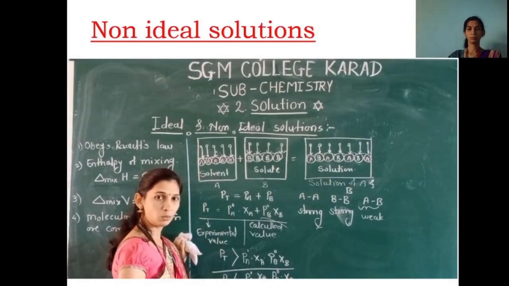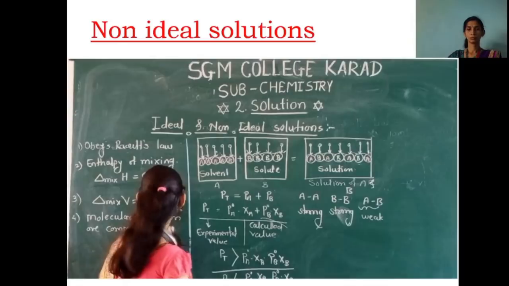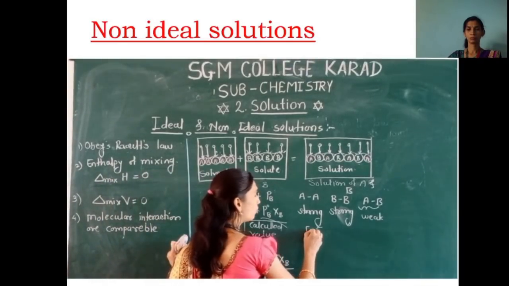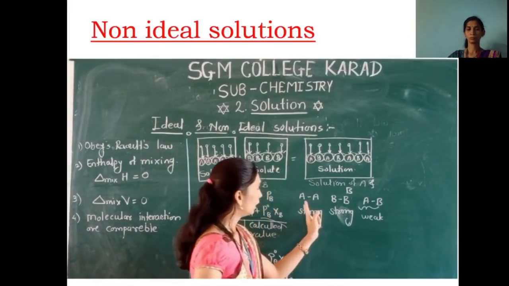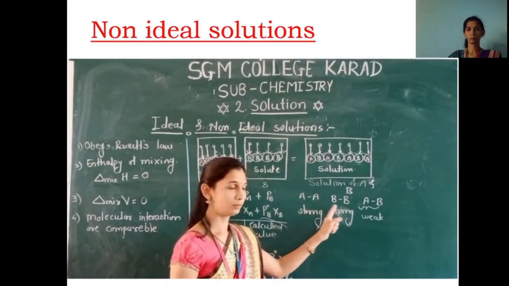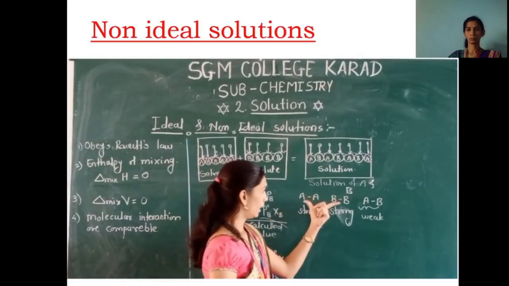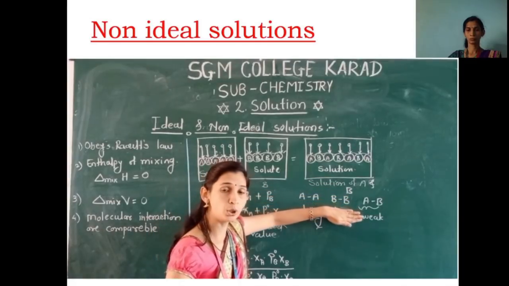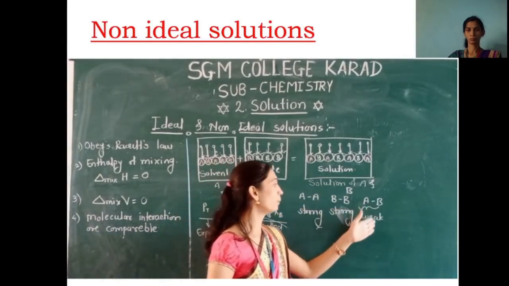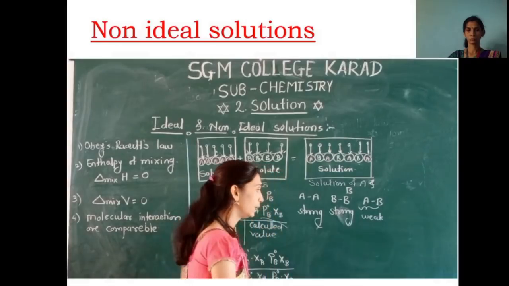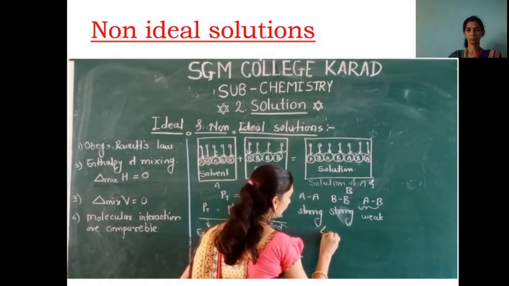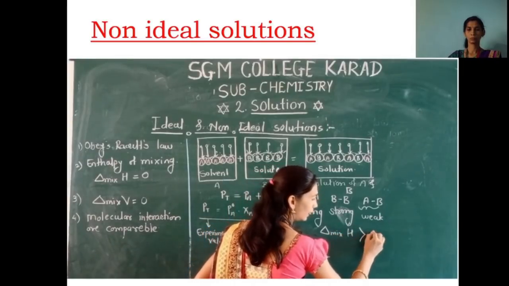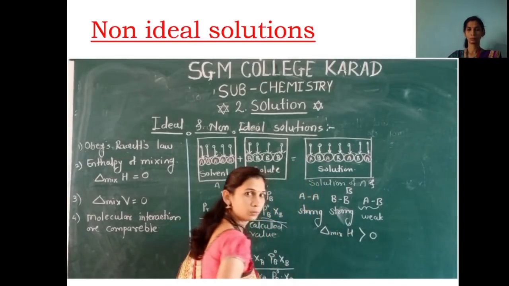Similar to that, for energies, see here, if the bond or molecular interaction of a solvent and solute is stronger as compared to that of a solution, then that deviation, that means delta mix H is greater than 0.